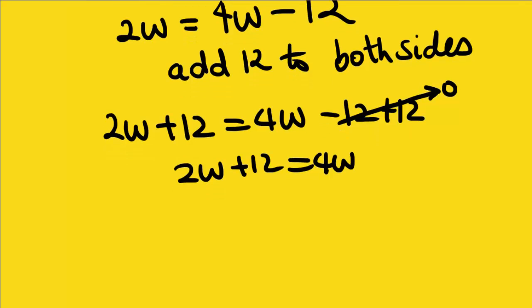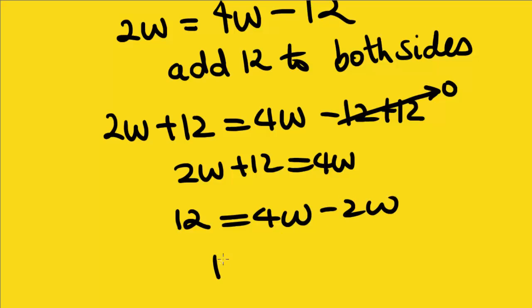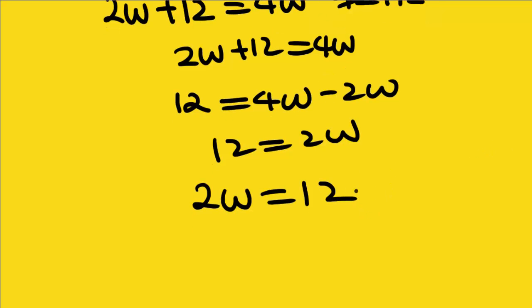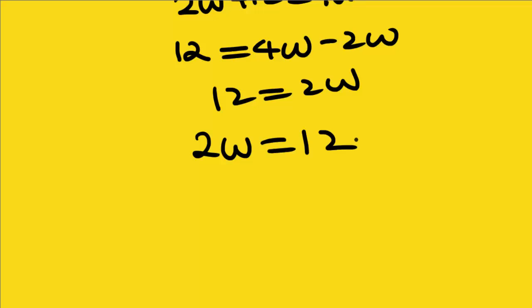And then if I subtract 2W from both sides, I get 12 equals 4W minus 2W, which gives 12 equals 2W. Notice that 12 equals 2W is the same thing as saying 2W is equal to 12. You just swap the left hand side and right hand side. That changes nothing. It's just an equation and you're just restating it in a different way.